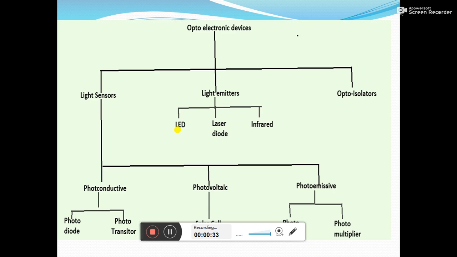Let's see the classification. The optoelectronic devices are broadly classified into three types: light sensors, light emitters, and opto isolators or opto couplers.